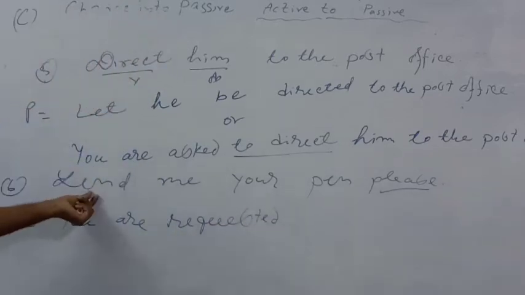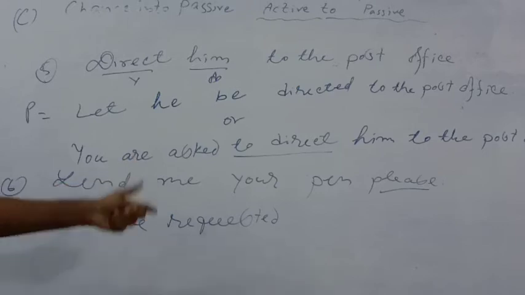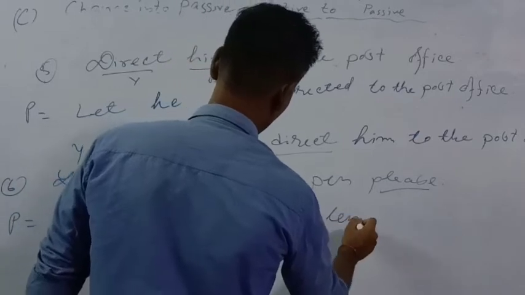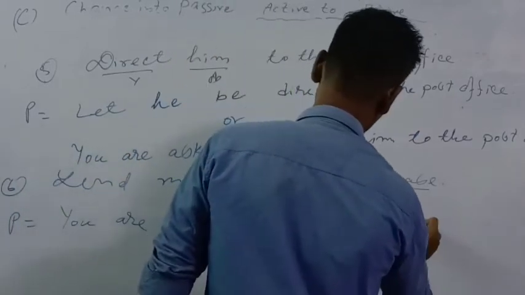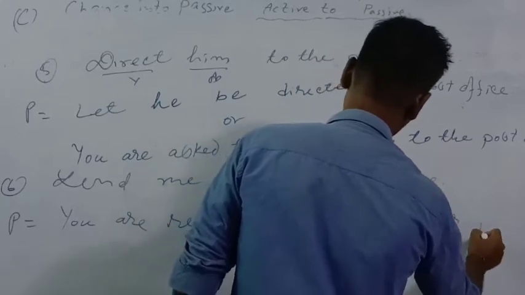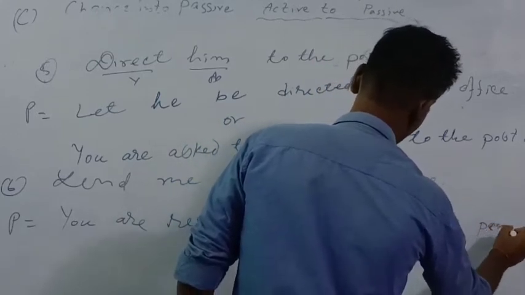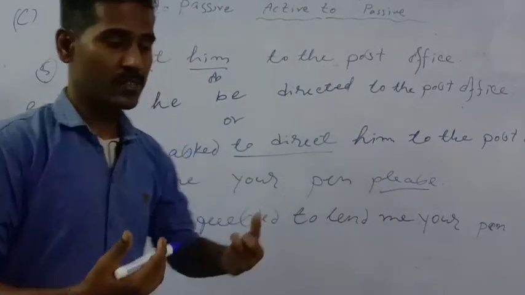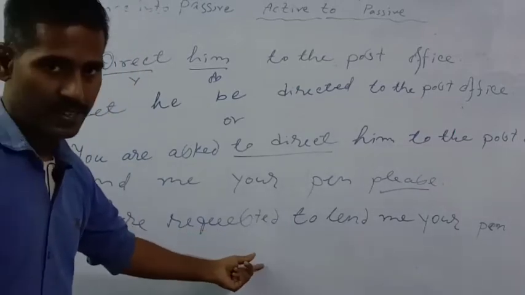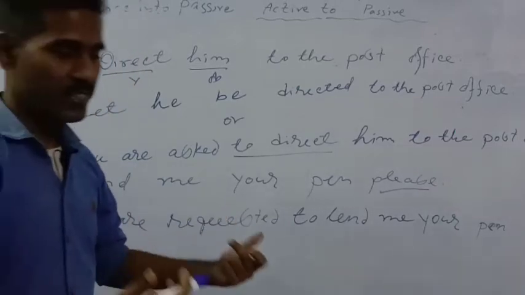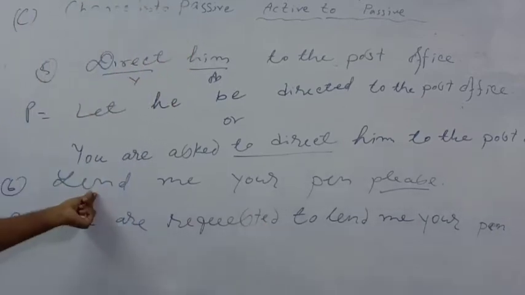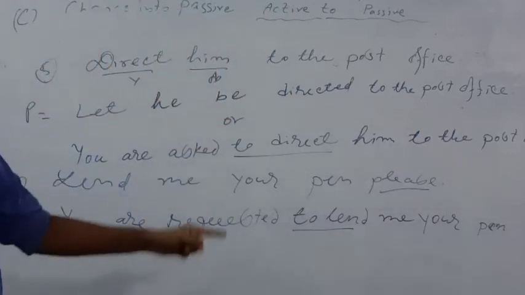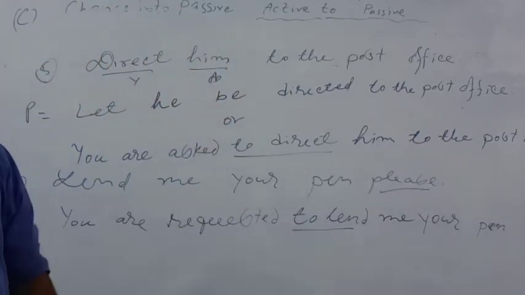Then the verb is what? Lend. You have to make it infinitive. To lend me, the rest will remain the same, your pen. Since it is please, it is a request, so you are requested to lend me your pen.